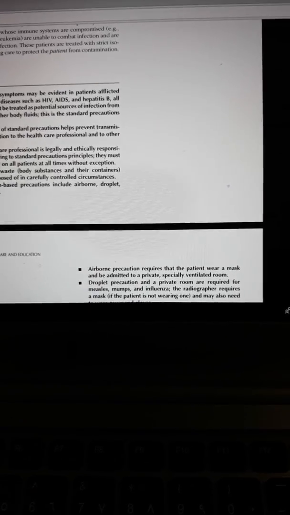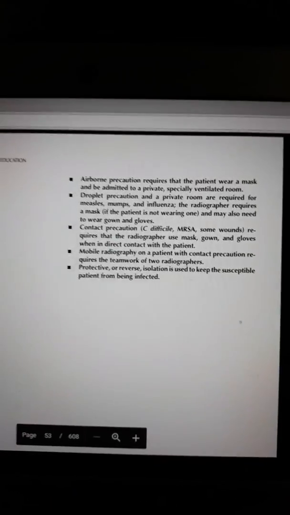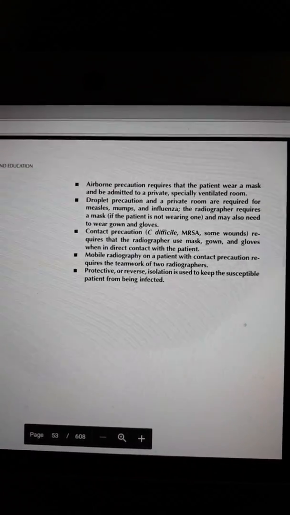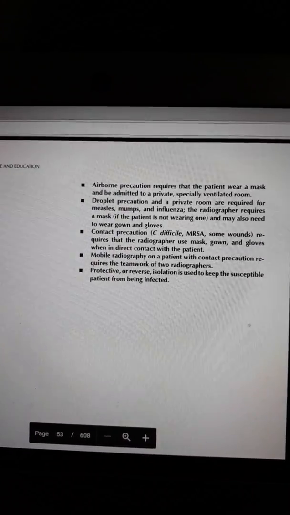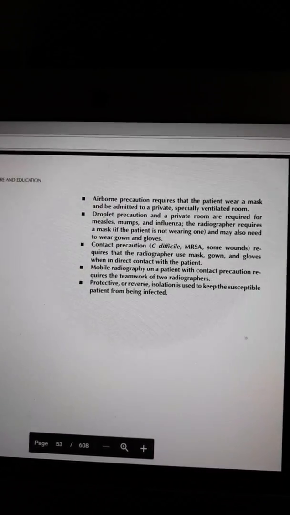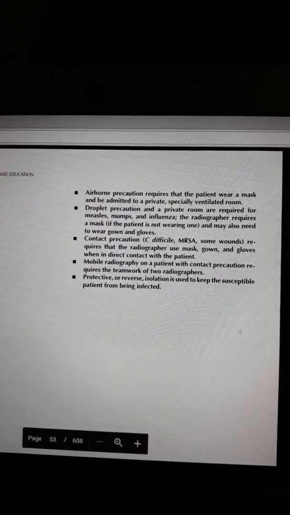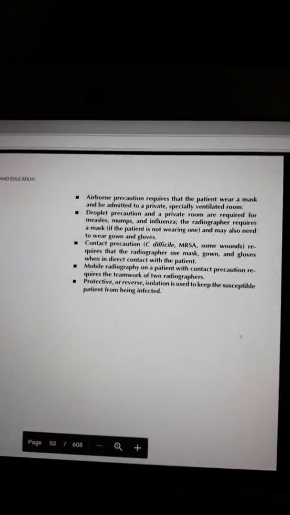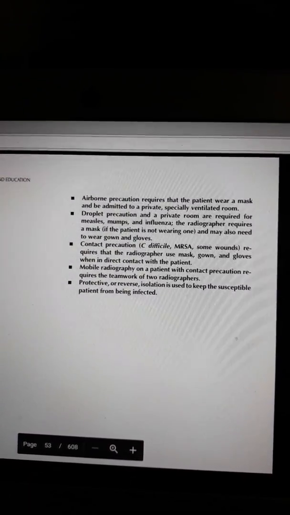The airborne precautions require that the patient wear a mask and be admitted to a private, specially ventilated room. Droplet precautions and a private room are required for measles, mumps, and influenza. The radiographer requires a mask if the patient is not wearing one and may also need to wear a gown and gloves.